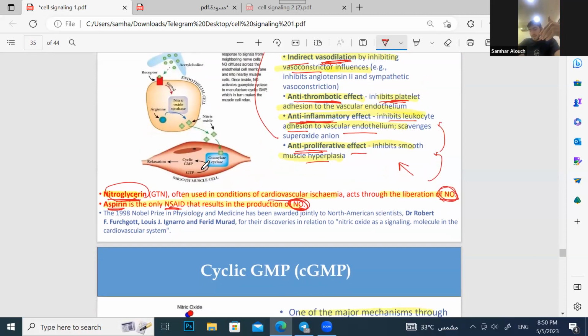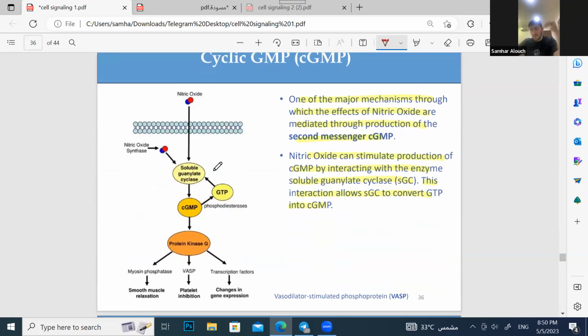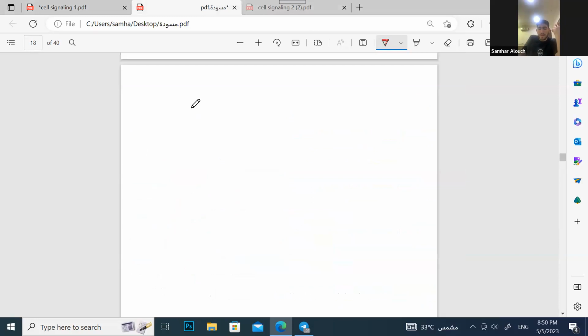So now we know what nitric oxide does. How does it do these effects? So simple, just a sec. I told you a little bit about something called G alpha 12 over 13, or G alpha T. We took adenylyl cyclase in Gs. Here we have something similar to adenylyl cyclase, which is called guanylyl cyclase.